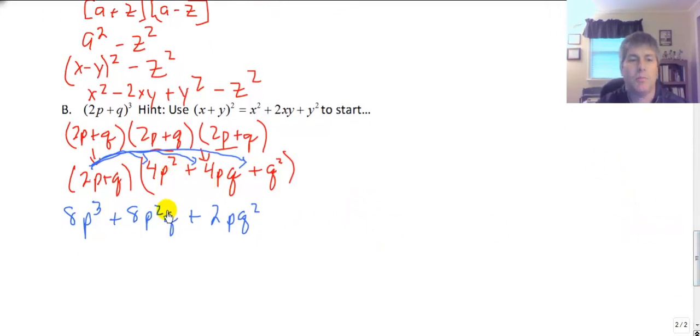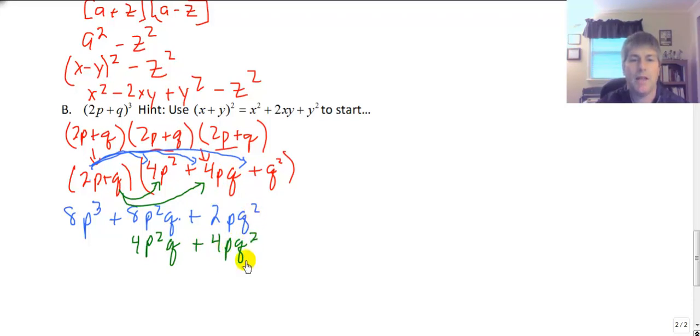And now I have to multiply the q times every single term. So I'll multiply q times 4p squared, I get 4p squared q. And I'm going to line that up under that one because those are like terms. The q times the 4pq, I get 4pq squared.